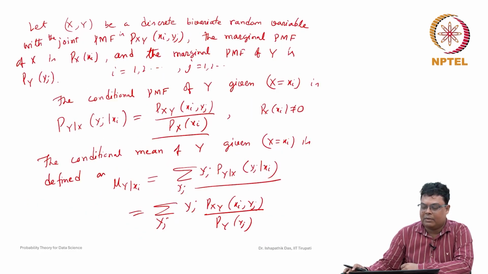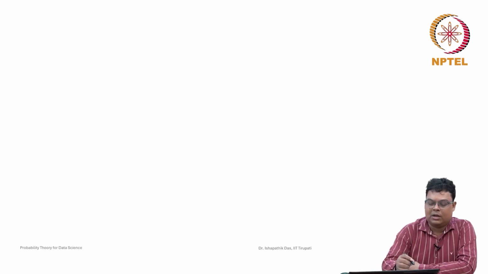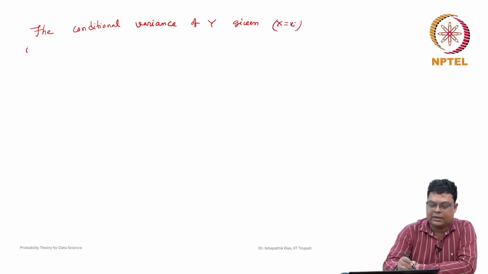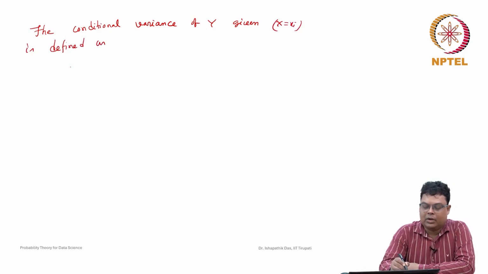First of all, the conditional variance of Y given X equal to xi is defined as sigma squared of Y given xi, or we can say variance of Y given xi.